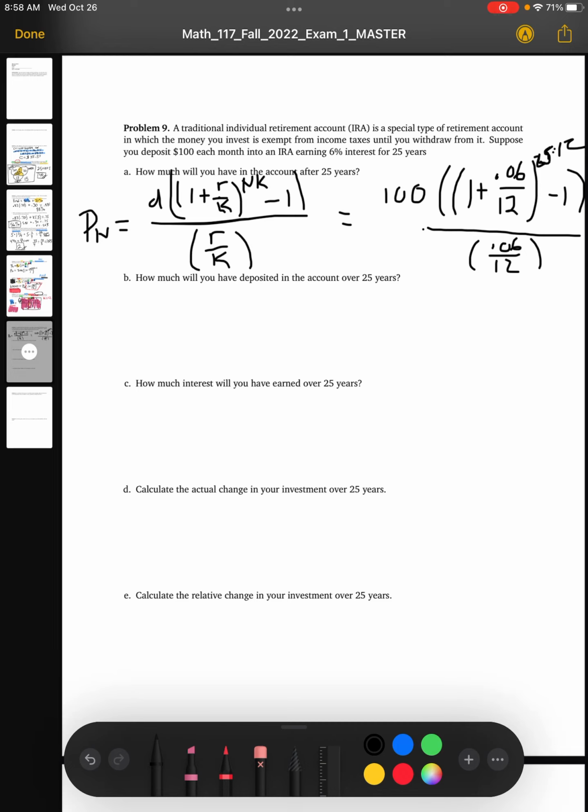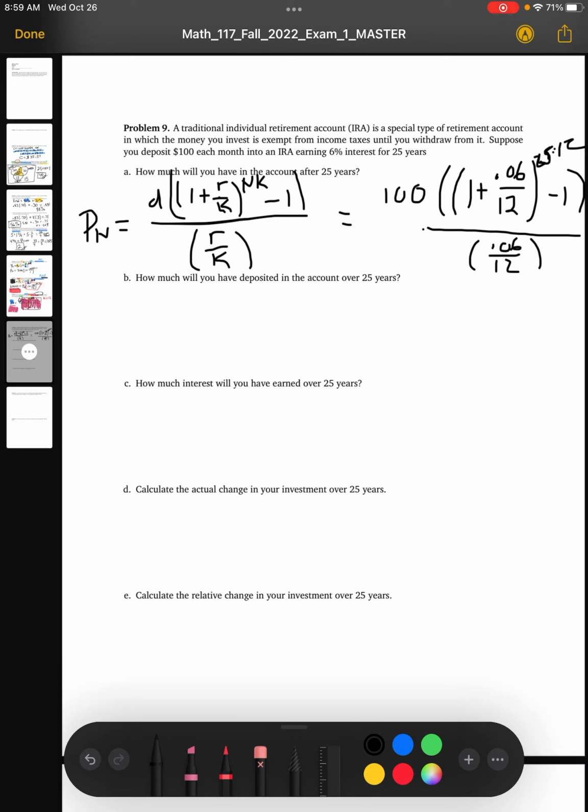So I have 100 times 1 plus 0.06 divided by 12 raised to the 25 times 12, and then subtract 1, enter, using my answer key to take that and to divide by 0.06 divided by 12.